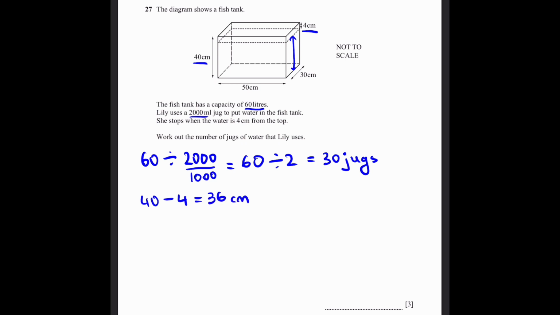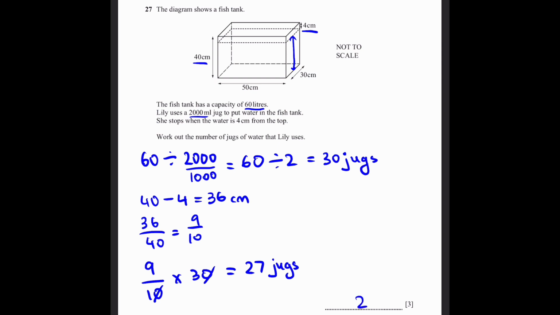So the 36 centimeters height, which is 36 by 40 equals 9 by 10 of the total tank. And we need to find out how many jugs are required for 9 by 10 of the tank. So it'll be 9 by 10 multiplied by 30. Cancel out the zeros. It'll be 27 jugs. So that's the number of jugs Lily uses.